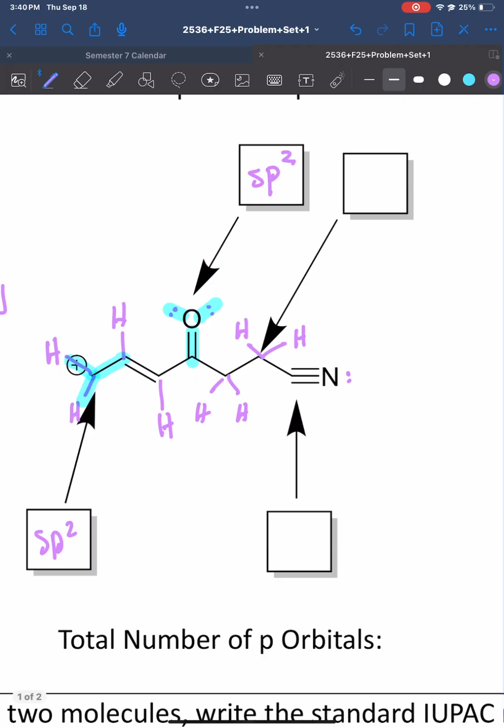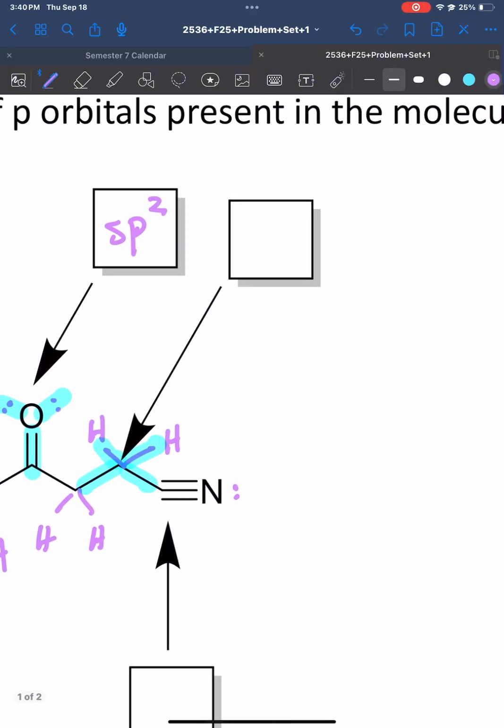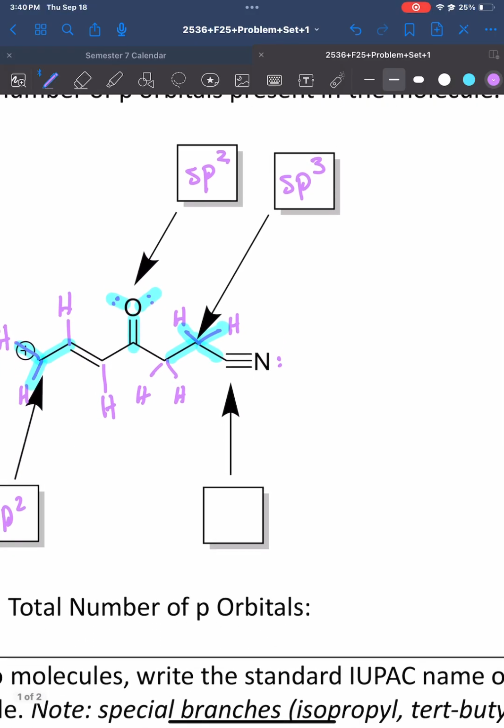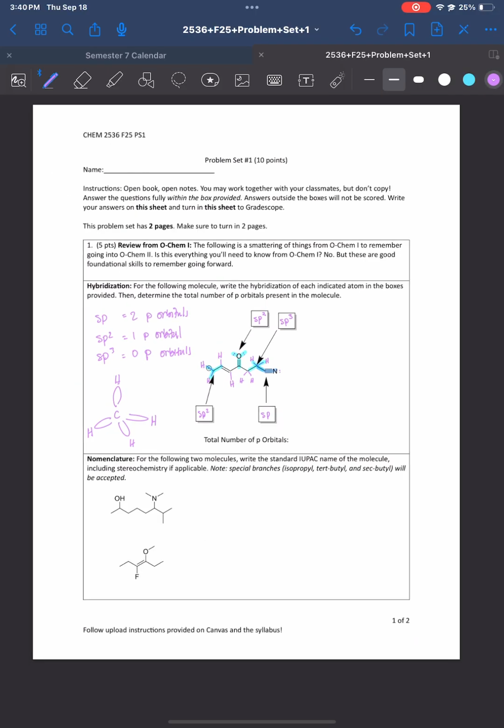Now let's look at the next carbon over. This is attached to 1, 2, 3, 4 unique structures. So in this case, this is going to be sp3. And in the final instance, we have this carbon here, which is just going to be attached to 1, 2. So in this case, it's going to be sp hybridized.